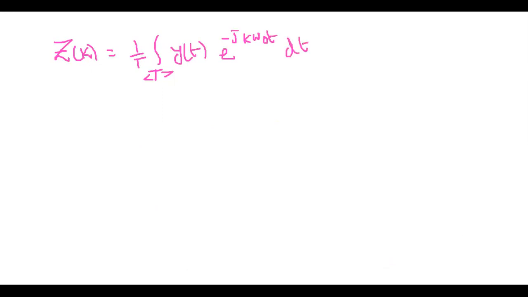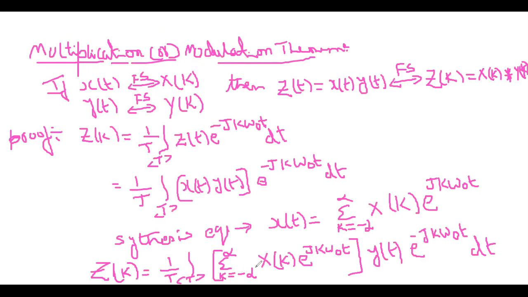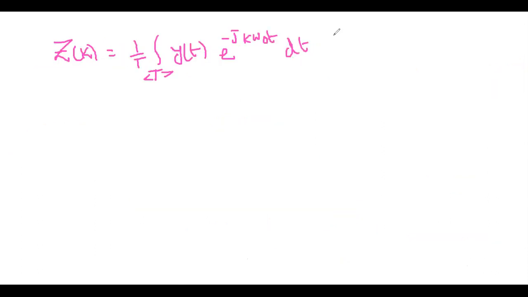Understood? So what is the remaining here? Whatever the branches there, the sum of k equal to minus infinity, x of k e power jk omega naught t. x of k, sum also that.